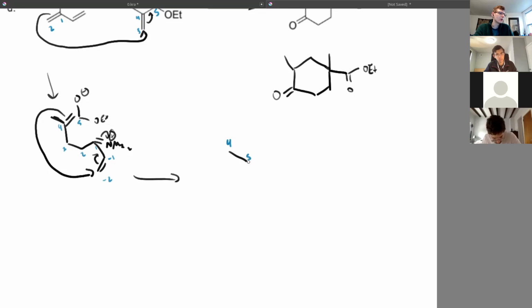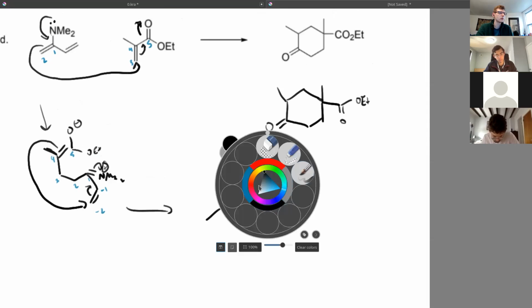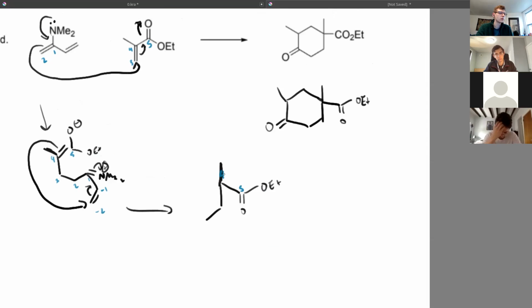Here we go. So we have 4, 5. So it should be a 6-membered ring. Yeah, okay. So 4 has this methyl sticking off of it. Here we have that will be, here's -2. 1. Here's -1.